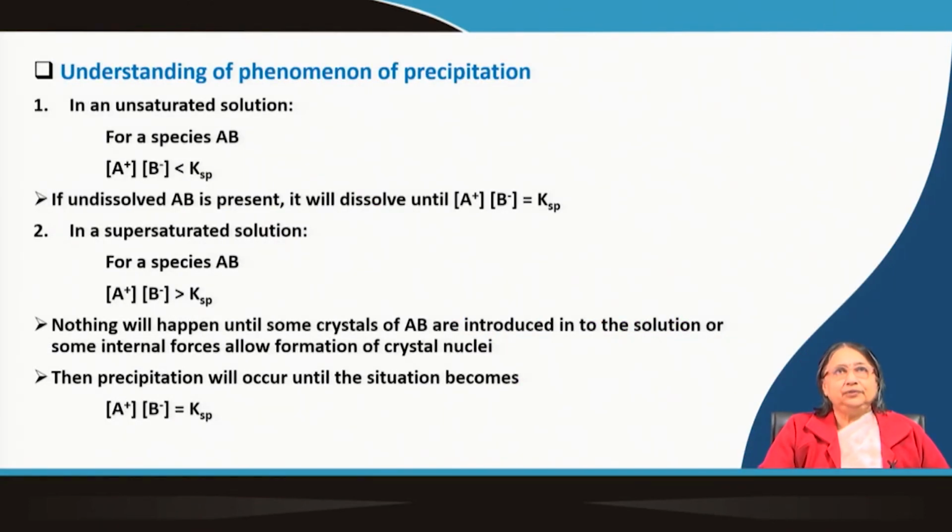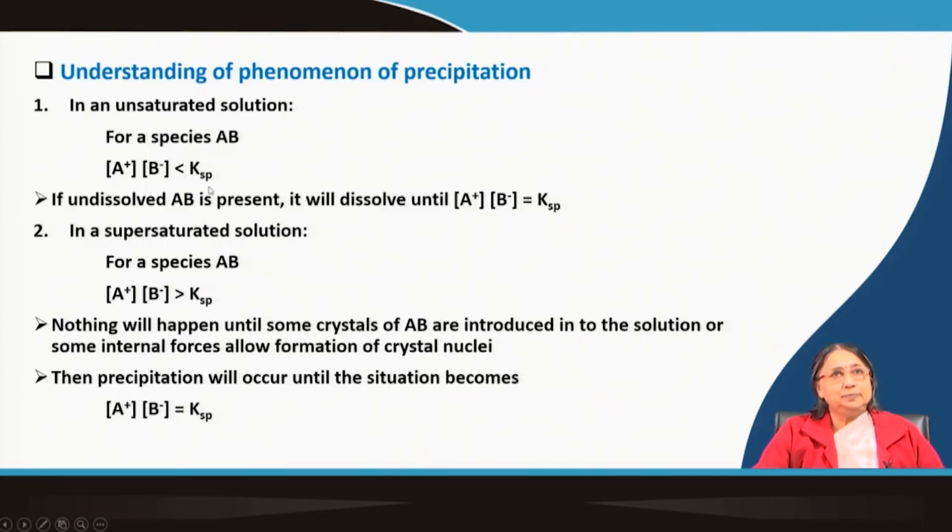Now, understanding the phenomena of precipitation, we should know what a saturated solution, an unsaturated solution and a supersaturated solution are. What is an unsaturated solution? Taking a simple example, AB: if the A plus concentration into the B minus concentration is less than the solubility product of AB, then it is an unsaturated solution.